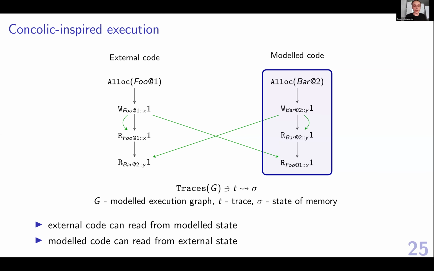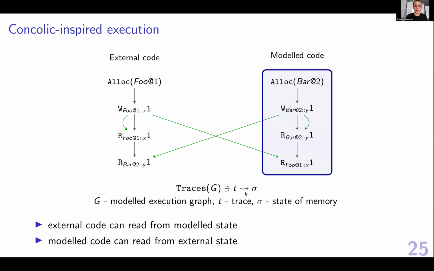If we try to formalize this, when we model check the program, we have this execution graph, as I said. One execution graph encodes a set of traces of the program.